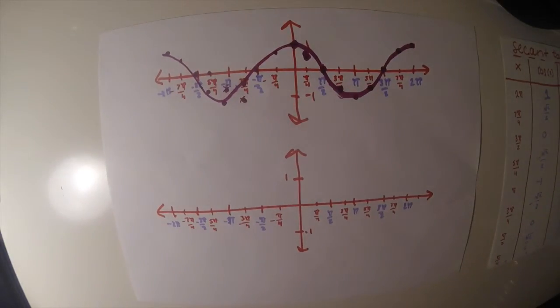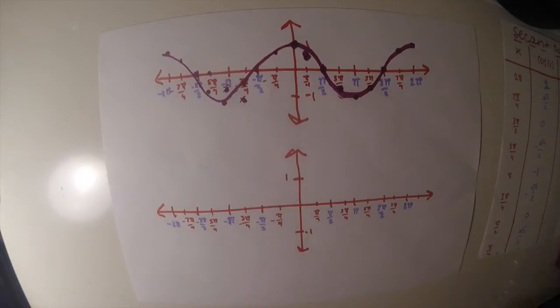Like I said earlier, since secant is 1 over cosine of x, wherever cosine crosses the x-axis, that is exactly where the asymptotes of the secant are going to be. I'm just going to grab a different color. We'll do blue.